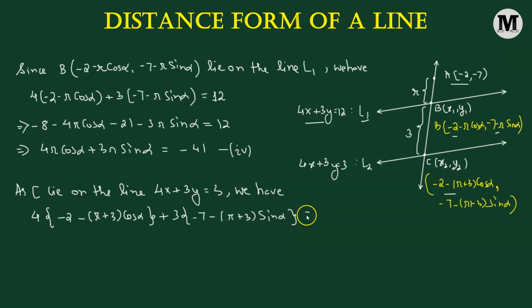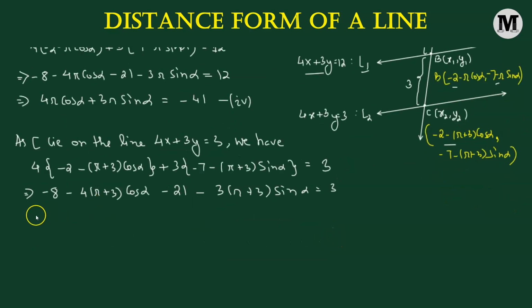This is going to be equal to 3. Okay, so we will simplify this. We get -8 - 4 times (r + 3) times cosine of angle alpha added to -21 - 3 times (r + 3) times sine of alpha equals 3.